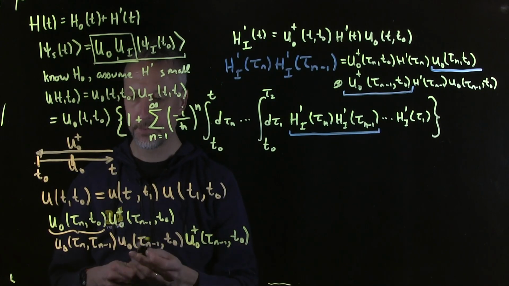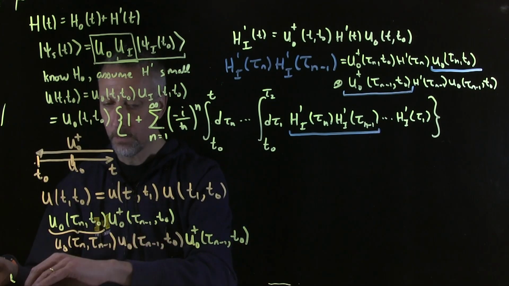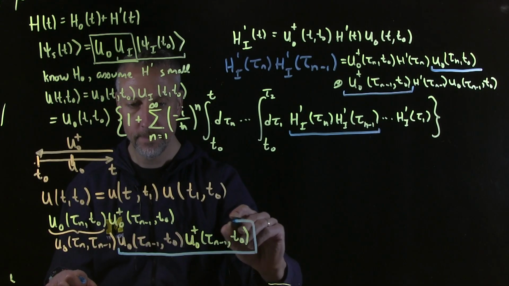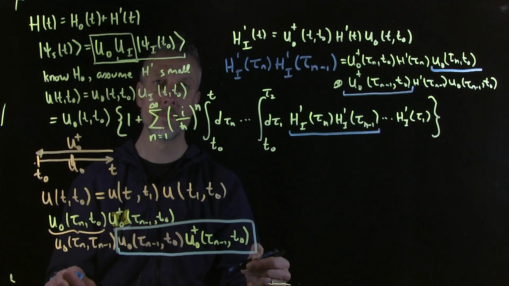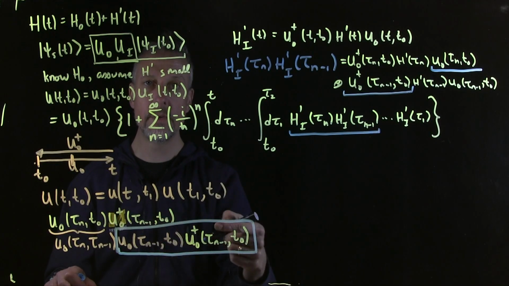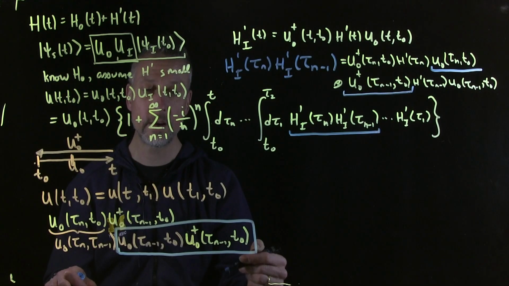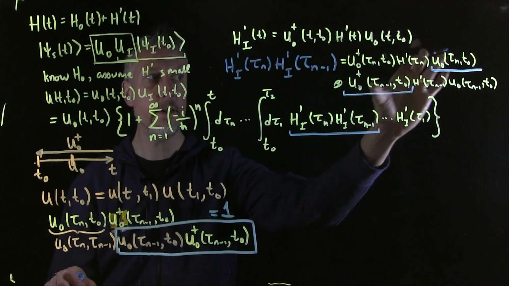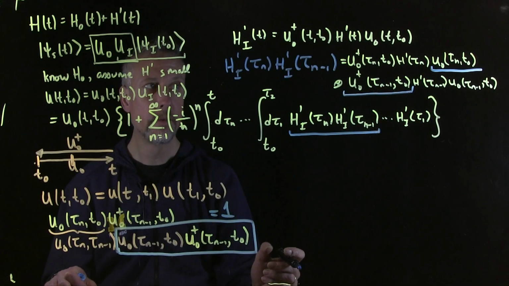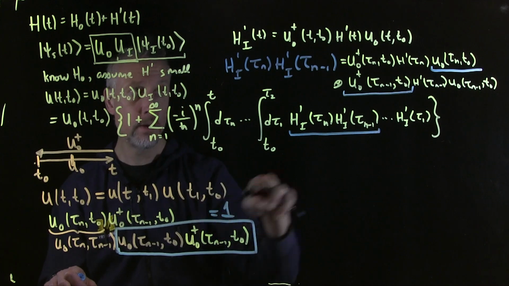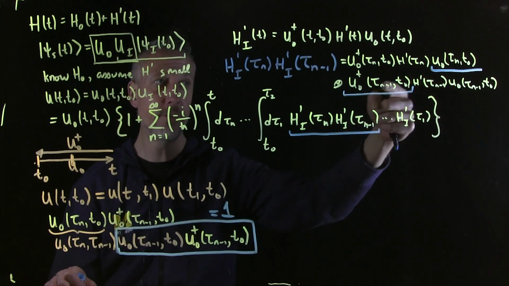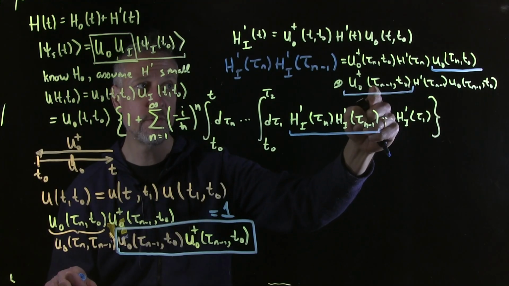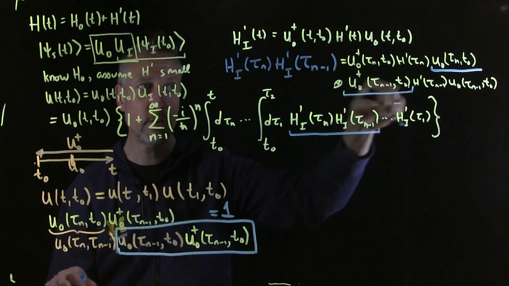And what do we see? Something pretty amazing. Look what happens to this term here. It's u dagger. U dagger is 1. All right, so we convert every one of these pairs into this pair of operators that goes first from the initial time up to the step just before. And in fact, it's u dagger, so it goes backwards.